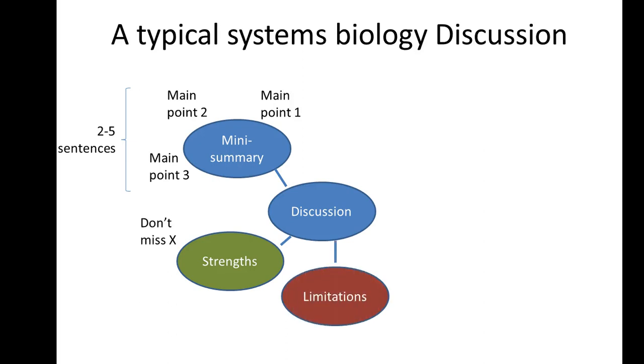The strengths are typically of a character that you shouldn't miss this thing. And the limitations are of a character that, well, our results only hold if this, or this is a weakness of our thing. And these strengths and limitations can be of many types.